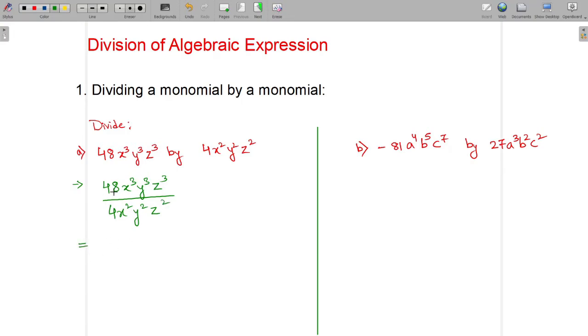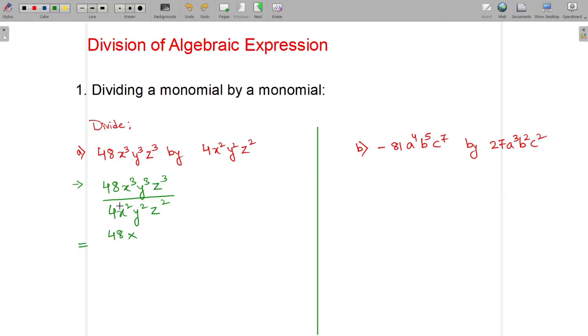Now equals to 48 into x cube means, now as you can see, same alphabets are getting divided. X cube divided by x square, so the x alphabet is the same in numerator and denominator.